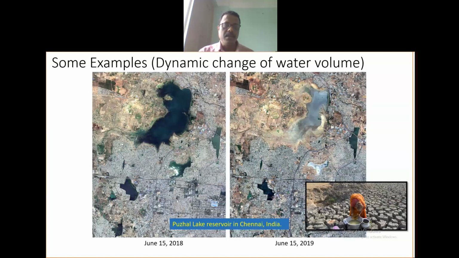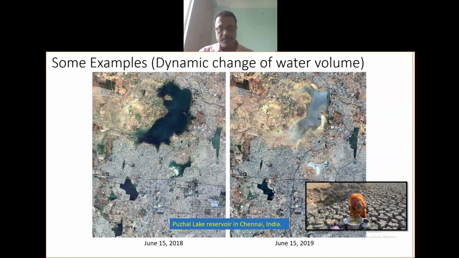Let me tell you the background of this incident, because the entire Chennai city is dependent on a lake for its domestic water consumption. The whole city of millions of people is dependent on this particular lake, which is in the middle of the city, for the water consumed for daily uses.